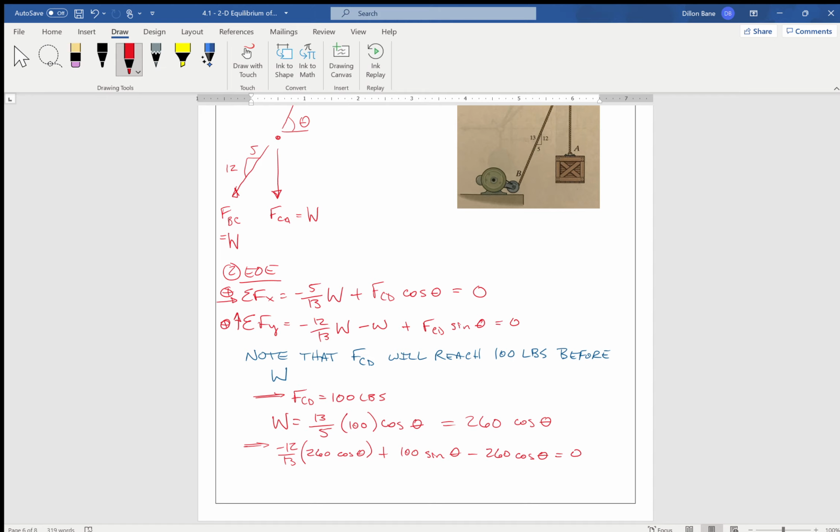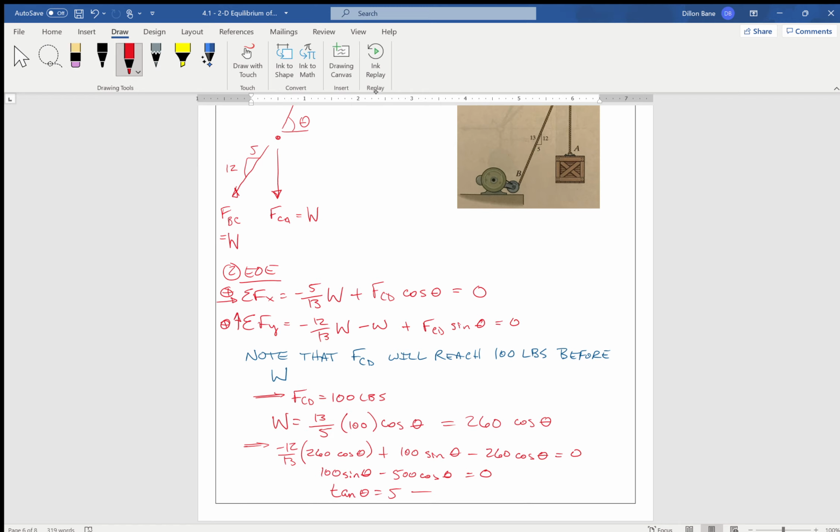What that comes down to is 100 sine theta minus 500 cosine theta is equal to 0, which reduces to tangent of theta equals 5.